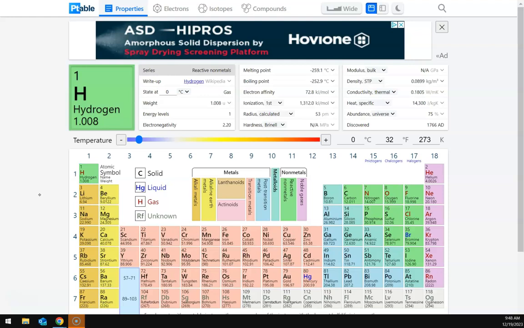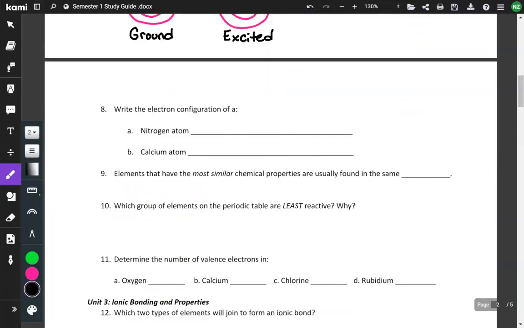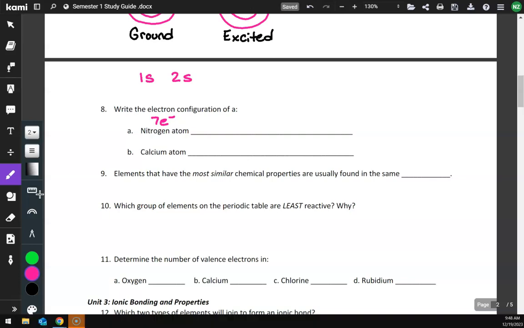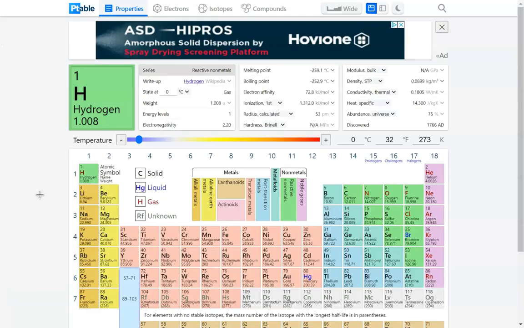Hydrogen is our 1s. So nitrogen is number 7, so it has 7 electrons. And we always go in order. So it's always 1s, then 2s. And if you're following along on the periodic table, after 1s, 2s, then we go across the periodic table. This is 2, and this is the p block.